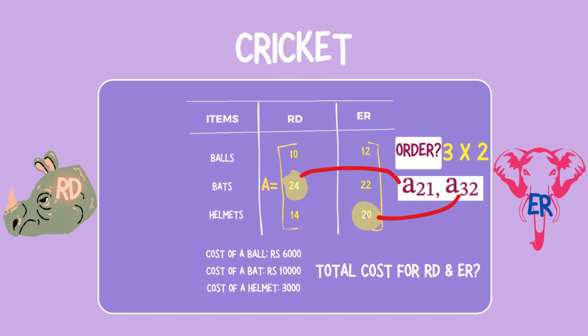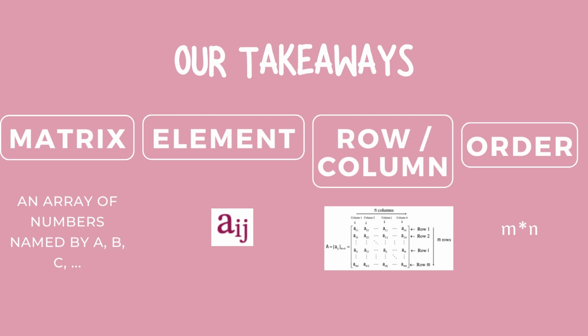To quickly recap, a matrix is nothing but a rectangular array of numbers that is usually named by a capital letter. Say it could be A, B, C and so on. And each entry in a matrix is referred to as Aij, such that i represents the row and j represents the column.